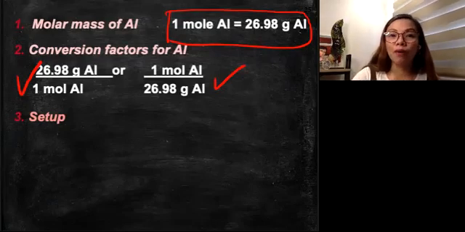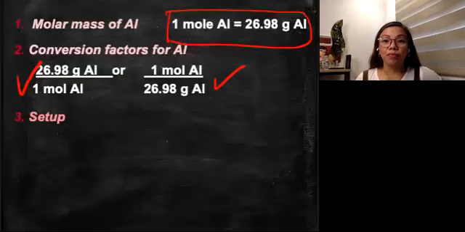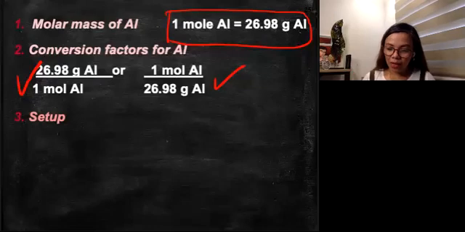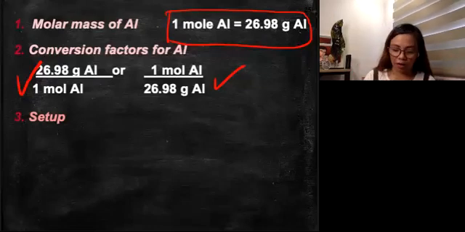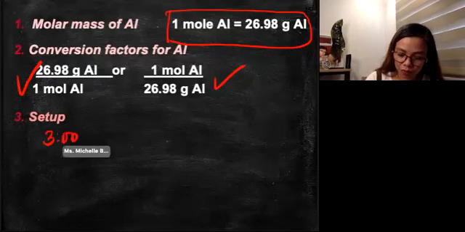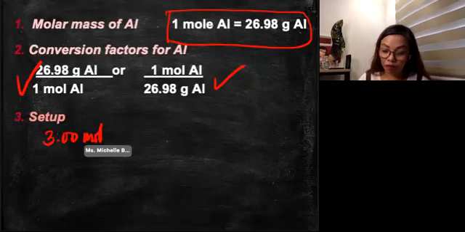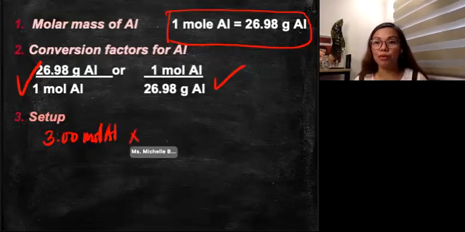Remember, our focus is, given in the problem, we have 3.00 moles. 3.00 moles. Okay? Of what? Aluminum. Then we need to convert.